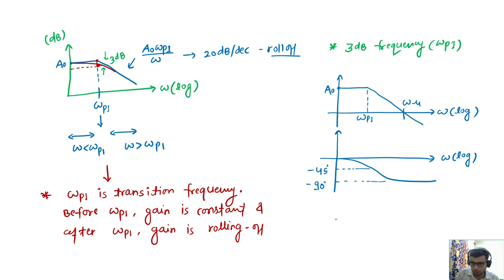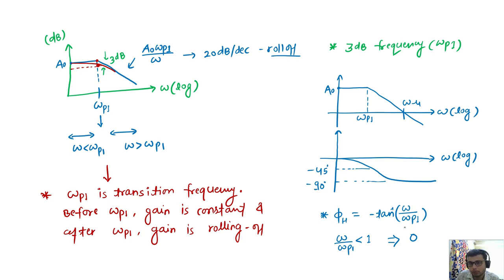The phase angle of this system, phase of H, can be written as minus tan inverse of omega by omega p1. When omega by omega p1 is much less than 1, the phase is nearly 0.